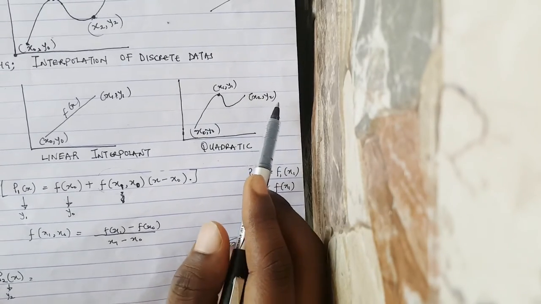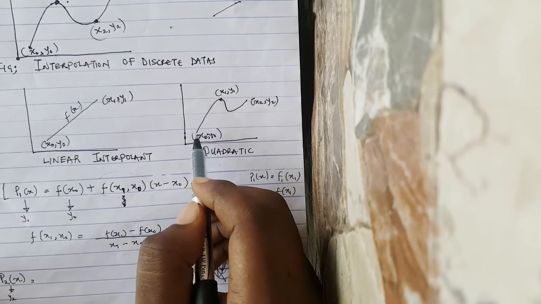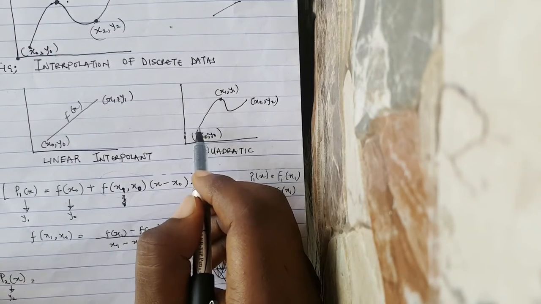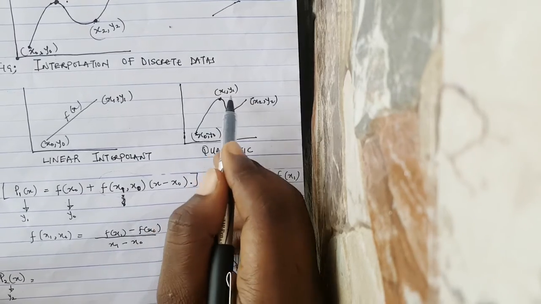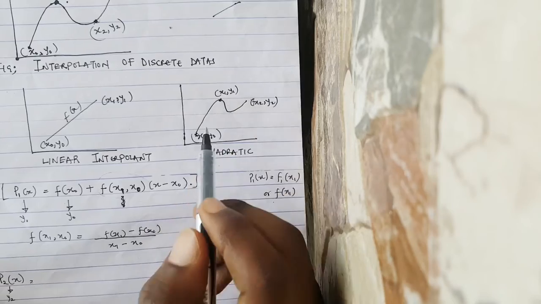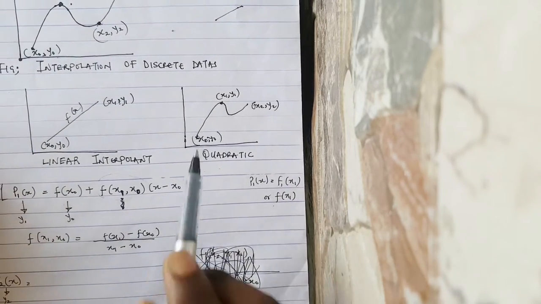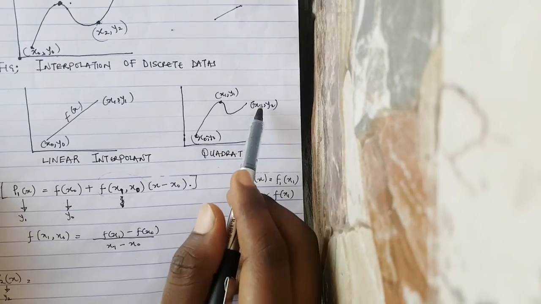It's going all the way to x2, y2. So the first thing I will do is consider the interpolant from here to here, and also from here to here. We know the interpolant from here to here, because it is a linear interpolant. So I can just write this and then find the interpolant from here to here.